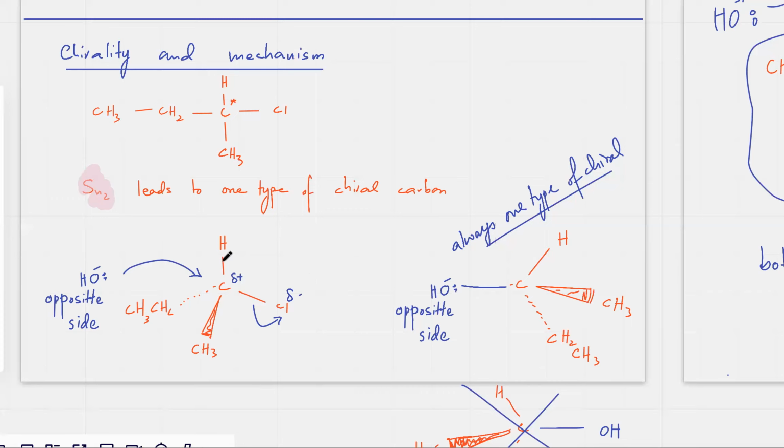So when it attacks from the opposite side, the OH bonds with it, the Cl gets knocked out, but all the other bonds kind of flip, they get pushed to the right side. So there's always one type of chiral that's going to be formed, which is this one, because the OH minus 1 is always going to come and attack from the left side. So think of the OH minus 1 coming in, attacking this carbon atom, and the Cl getting pushed away, but all the other bonds kind of get pushed to the right.